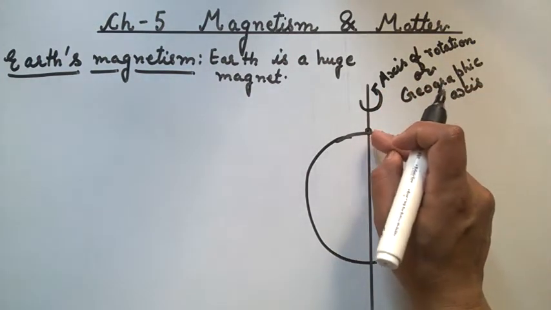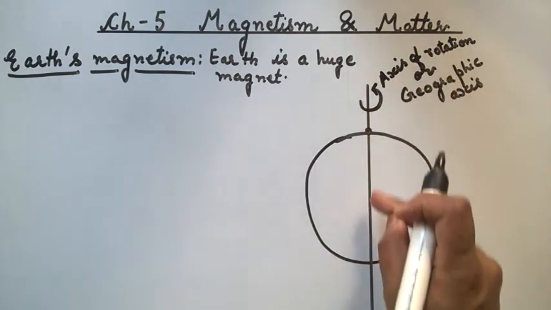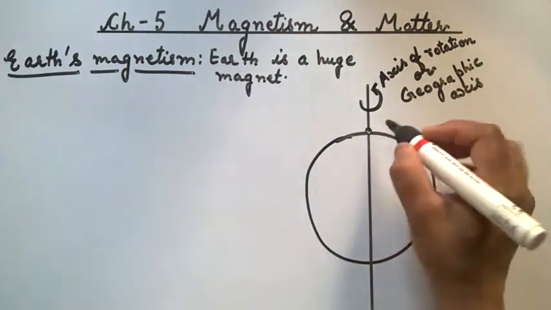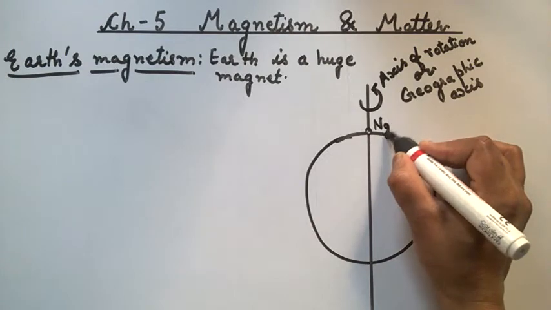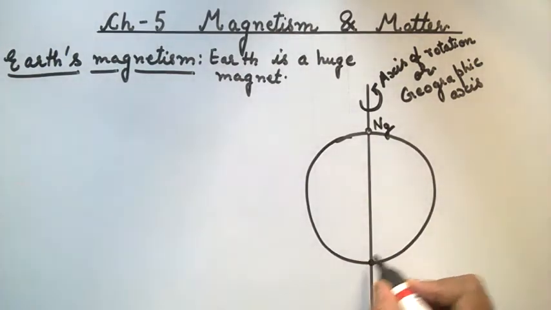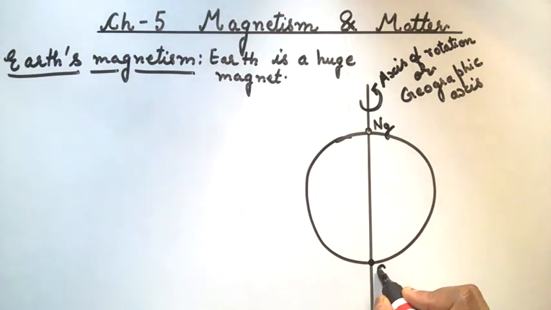The point on the surface of the Earth and passing through axis of rotation is geographical North Pole, or its diametrically opposite side is geographic South Pole.